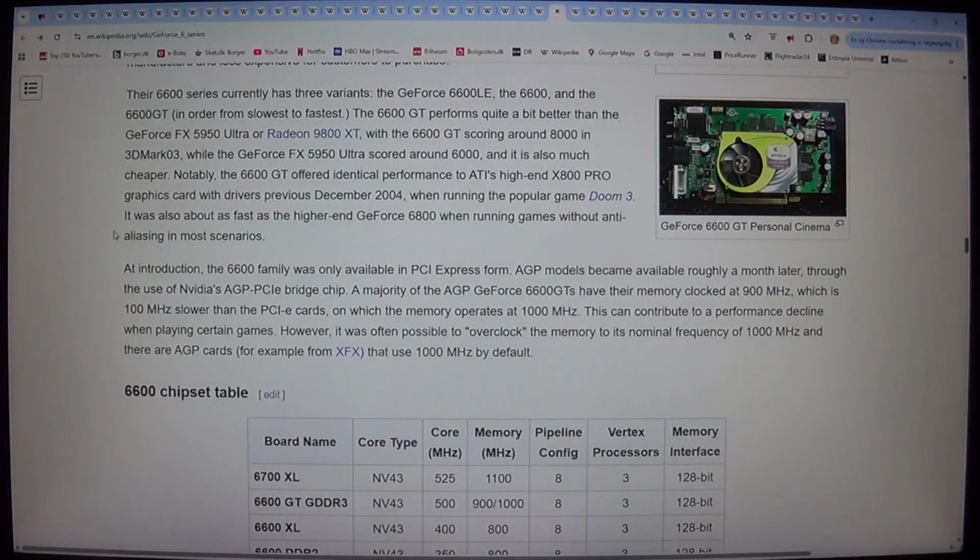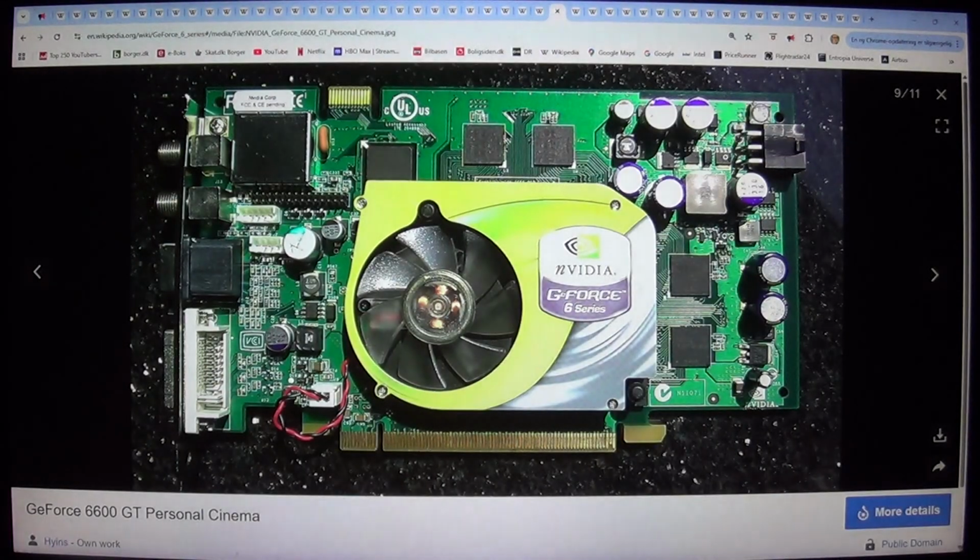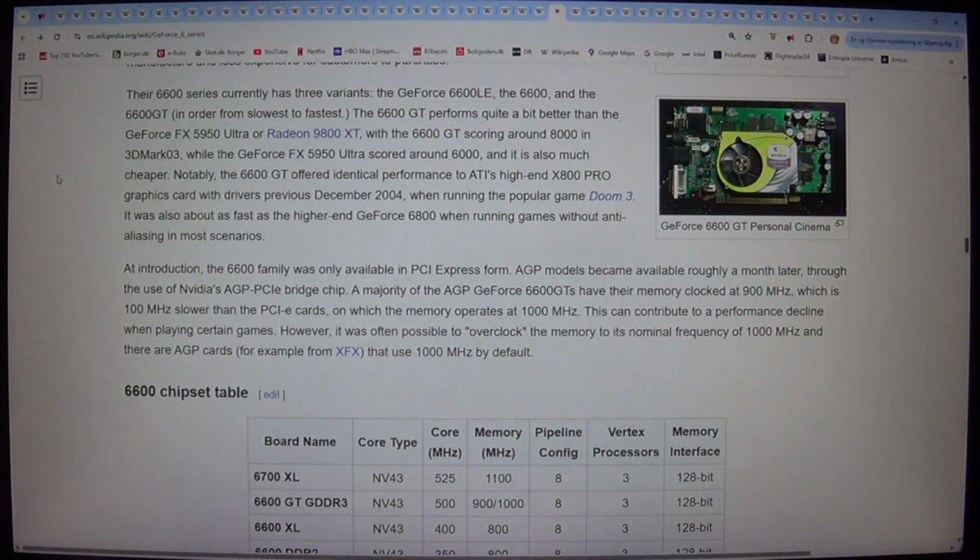The 6600 series currently has 3 variants: the GeForce 6600 LA, the 6600, and the 6600 GT, in order from slowest to fastest.